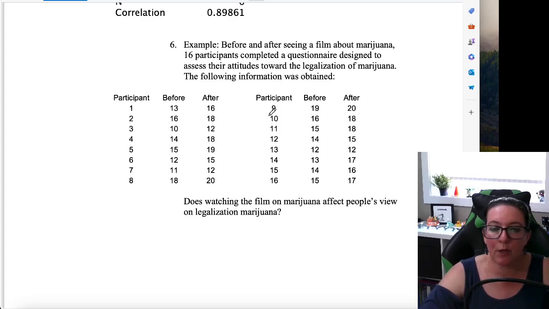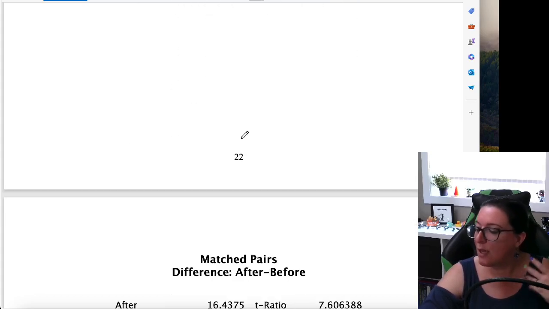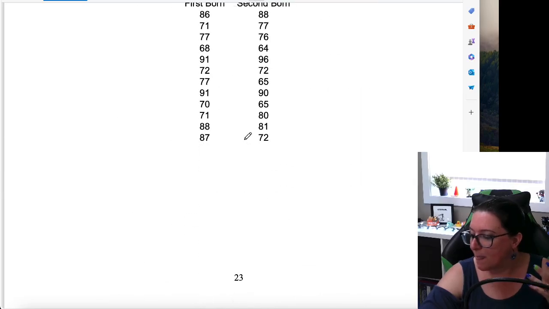Does watching the film on marijuana affect people's views on legalization? So can you create a paired t-test to test whether or not the film affects people's views? So choose a significance level and report your findings.